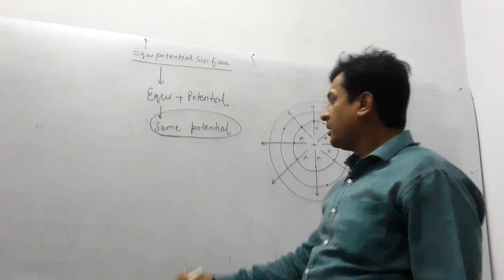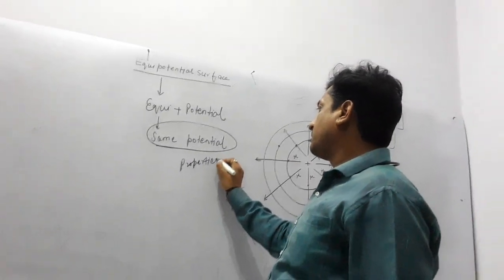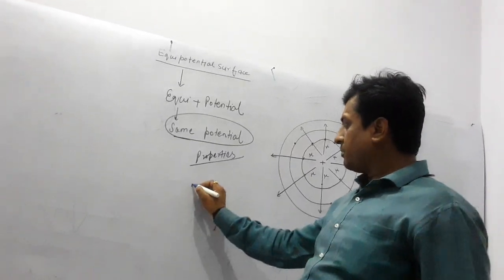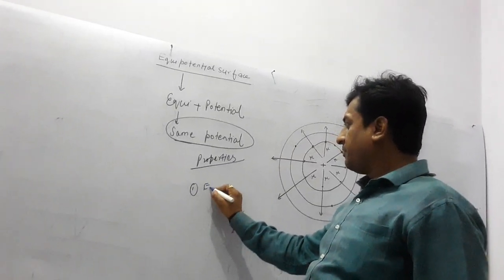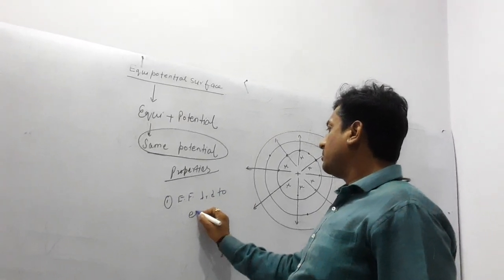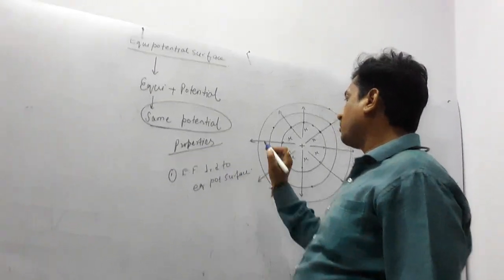Okay. Now there are certain properties of an equipotential surface, in which the first property is that the electric field is always perpendicular to the equipotential surface. Question is how?